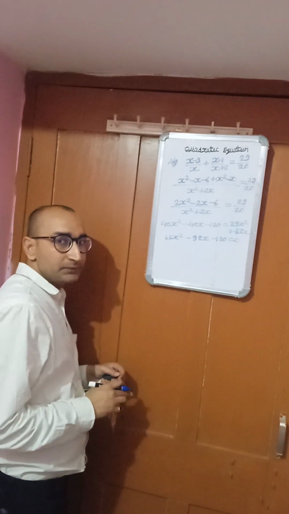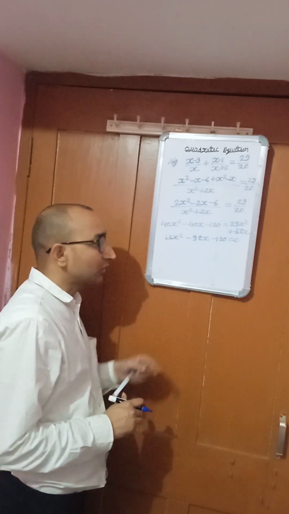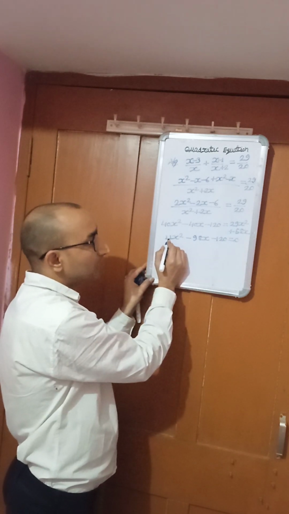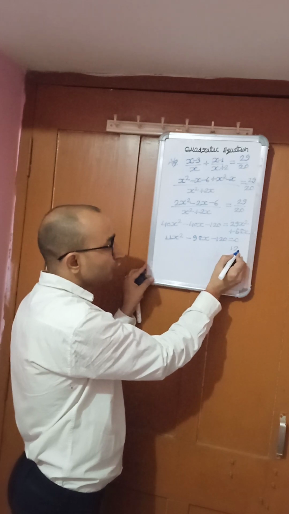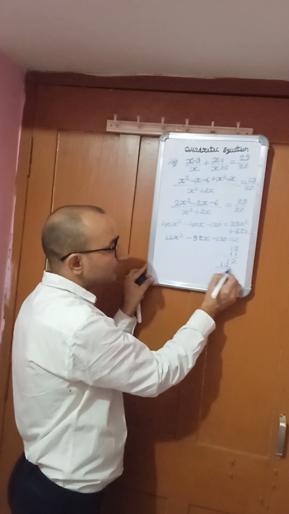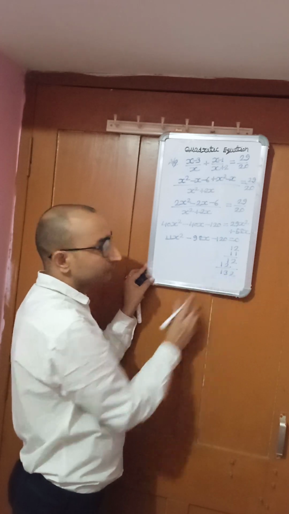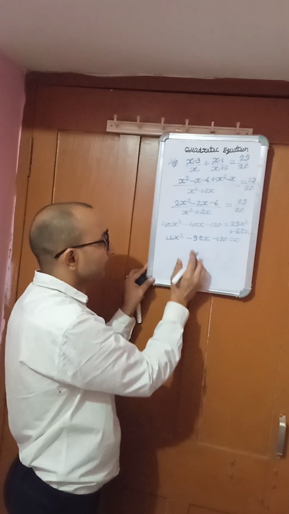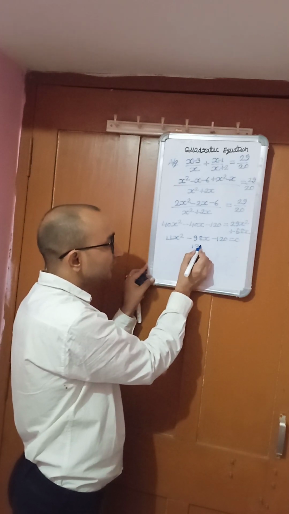This is a quadratic equation and I can solve this by the factorization method. So multiply 11 into 120, which is 1320.